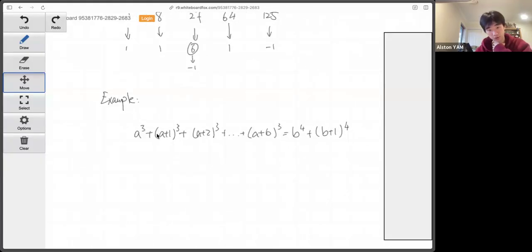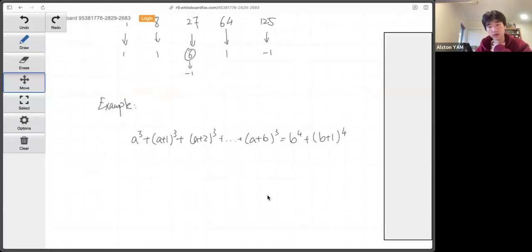I want all of us to show that this equation does not have any solutions in a or b.